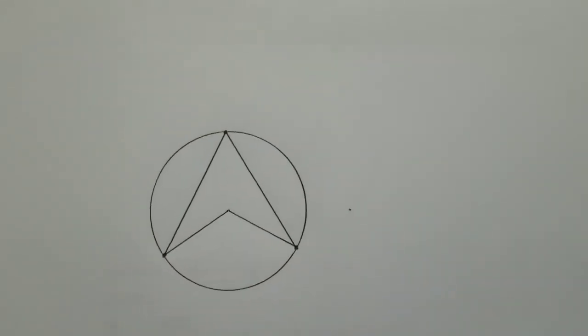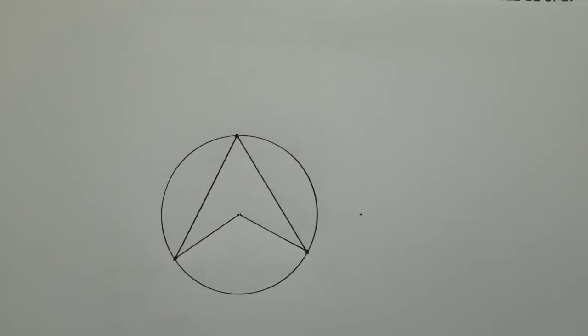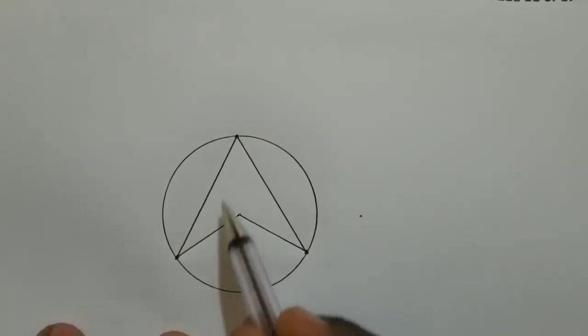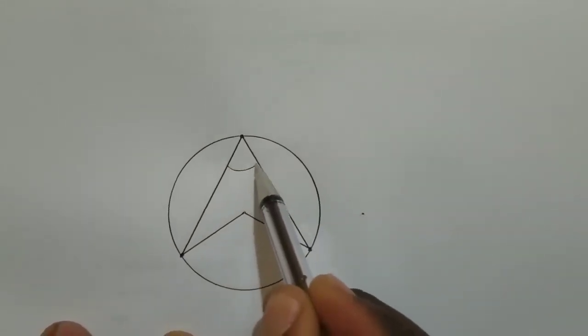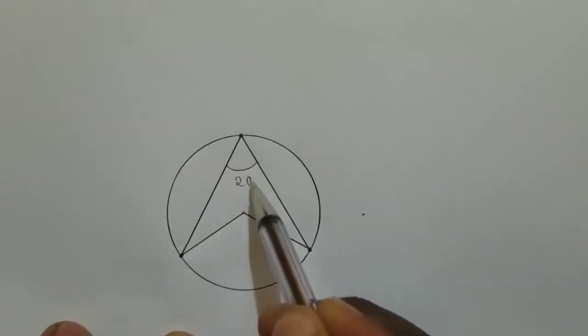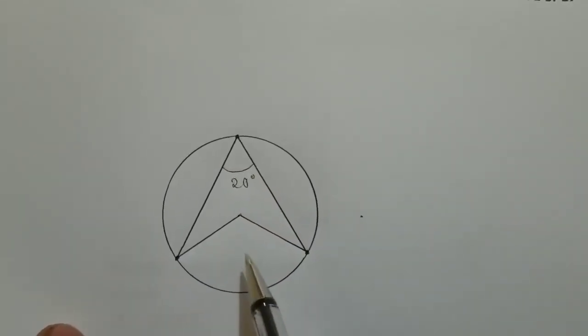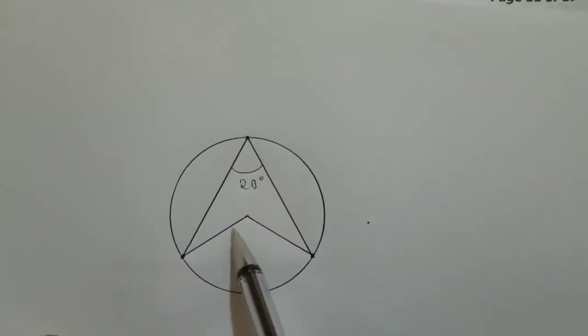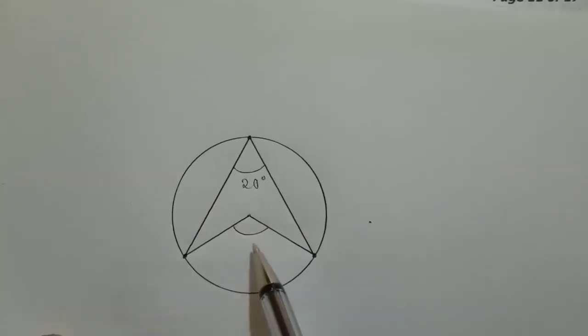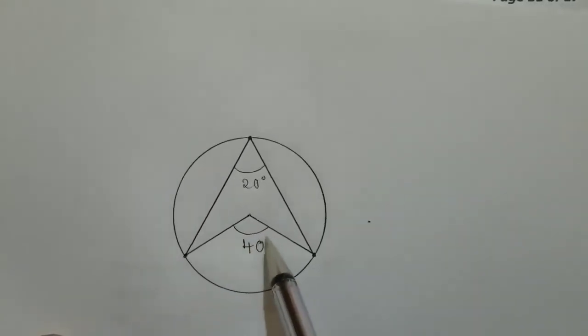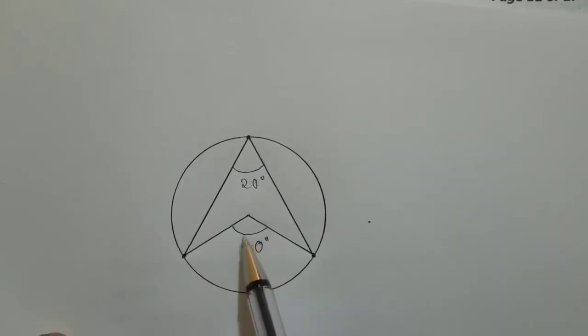So we've got this right here. So let's say we've got an angle here, and this angle is 20 degrees. So what will be the angle at this point? This will be 40 degrees. So how did I know that this is 40 degrees?